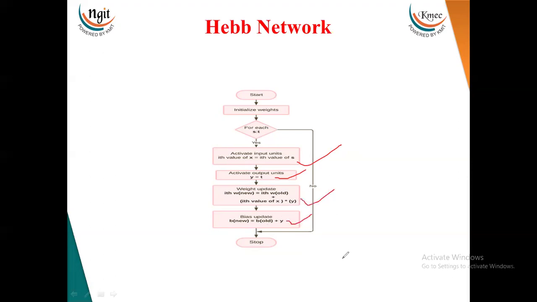These two are the Hebb network rules. Bias will be B new equals B old plus Y. So this is the basic concept of the Hebb network. We are taking all the values, calculating the weight, and updating the weight and bias according to the required ith or jth neuron.